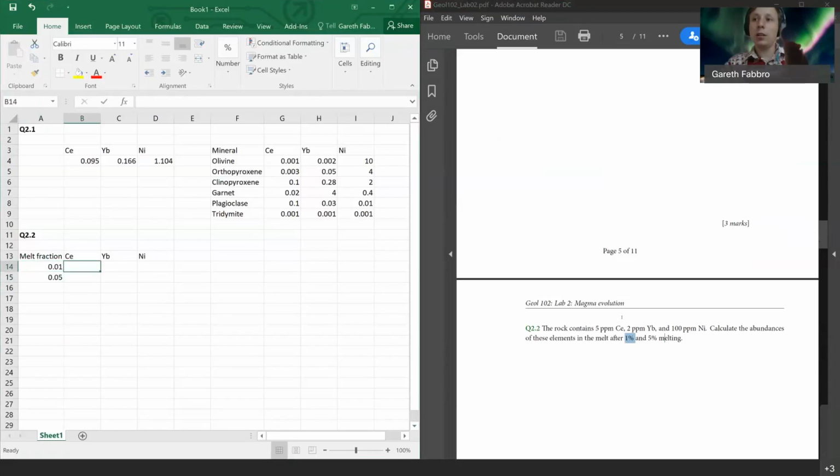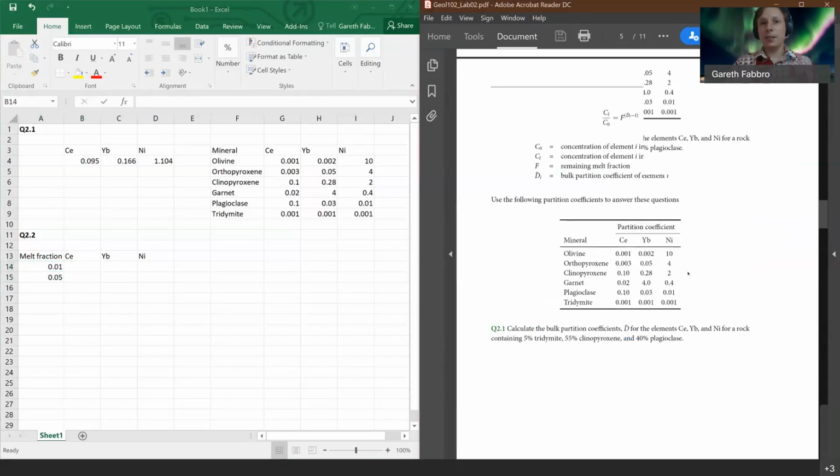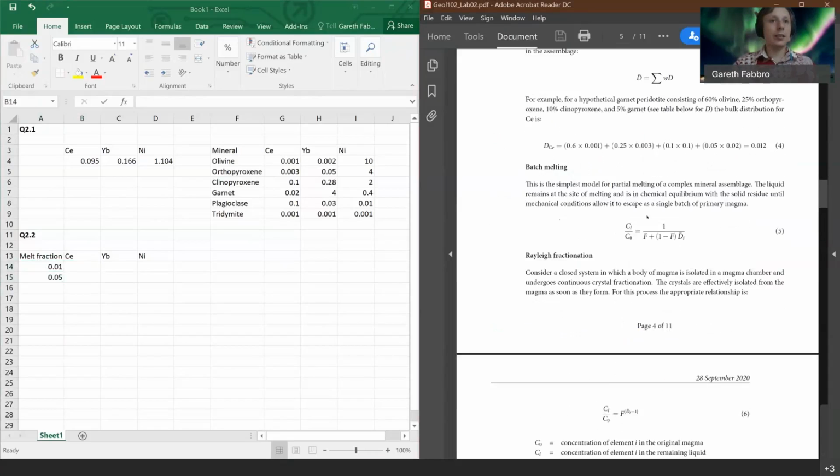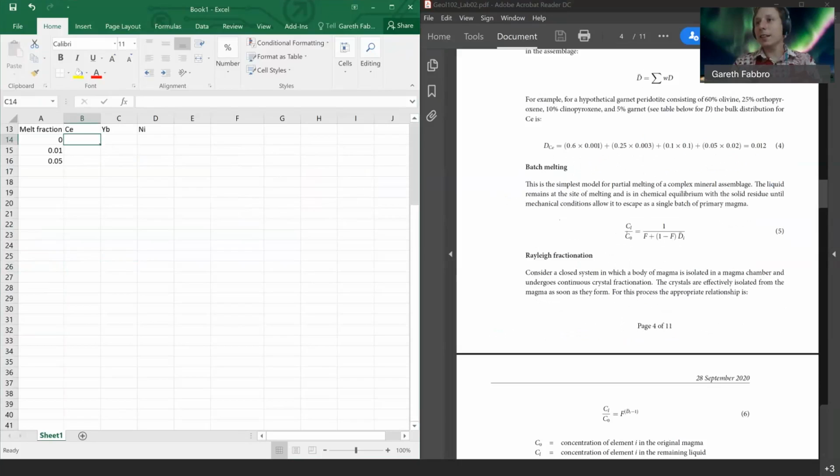So if we go back to our equation here, we can enter it. So let's move these down. This is how much there is to begin with, because we need that. The C0 here is the initial concentration before any melting happened.